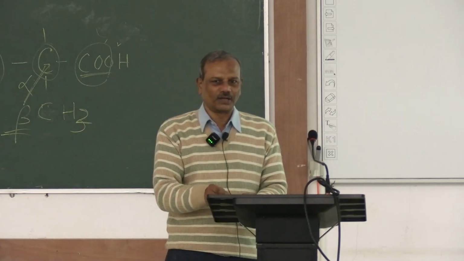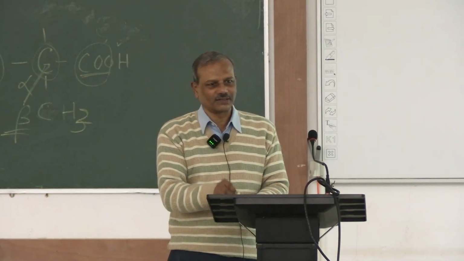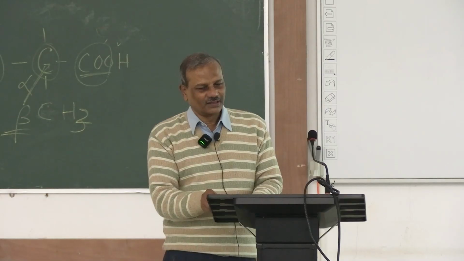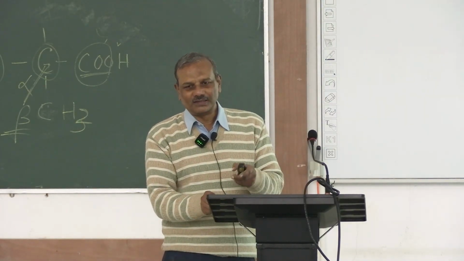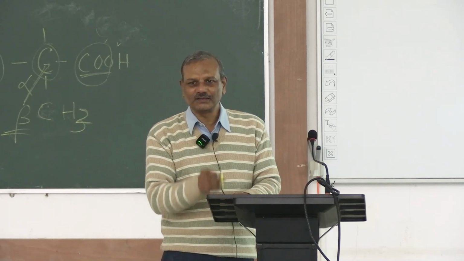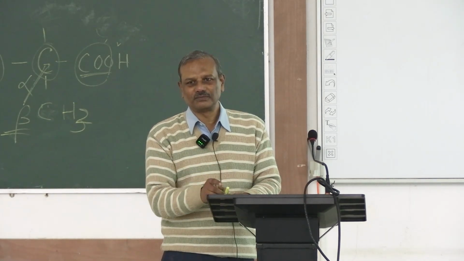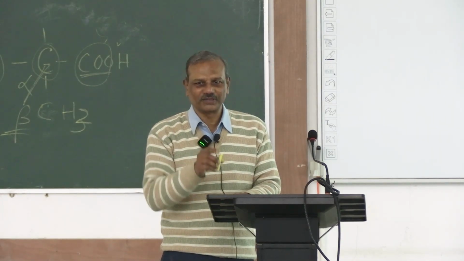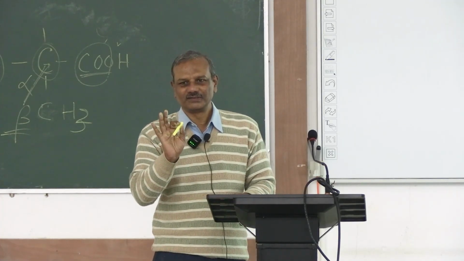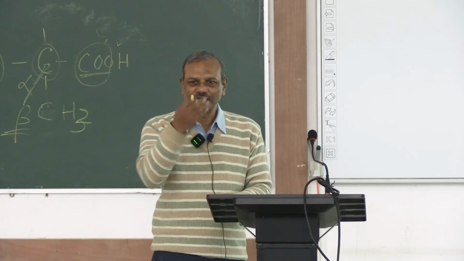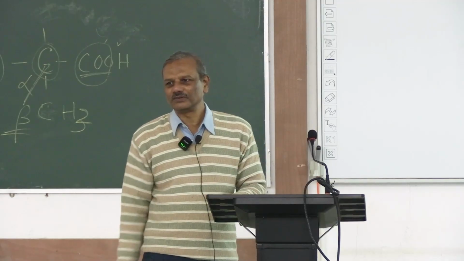So in a transamination reaction, one is an alpha keto acid, one is an alpha amino acid. One is donor, one is acceptor. The keto acid which is taking the amino group from the alpha amino acid will be converted into an amino acid. But that which is donating the amino group will itself be converted into keto acid.